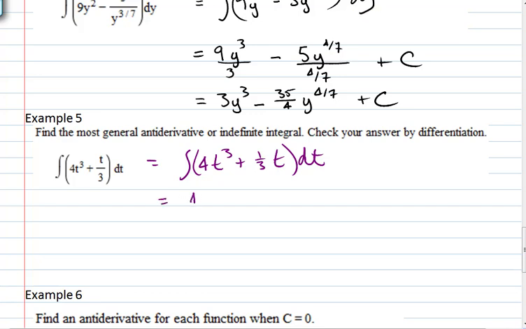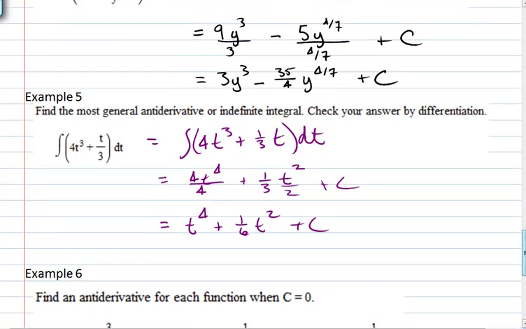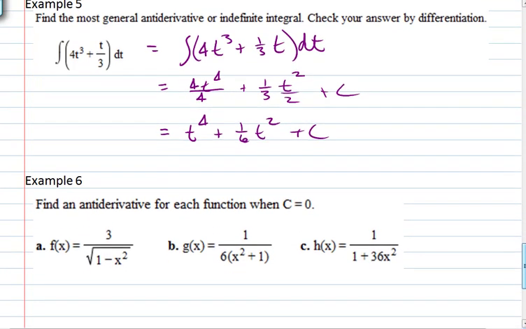So this is going to be 4t to the 4th, and then divide by the new exponent, plus 1/3 t to the 2nd, and divide by the new exponent. So when we clean it up, it is going to be t to the 4th plus 1/6 t squared plus c. Or you can put t squared over 6. It does not matter.